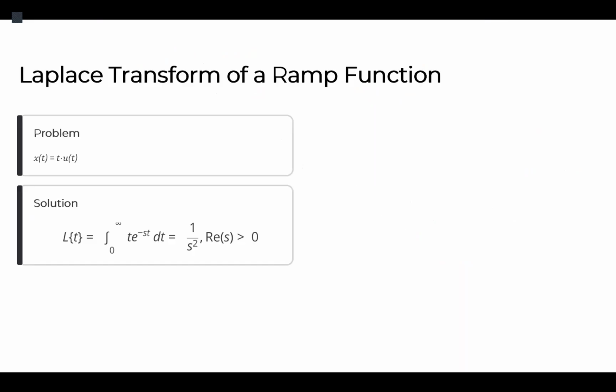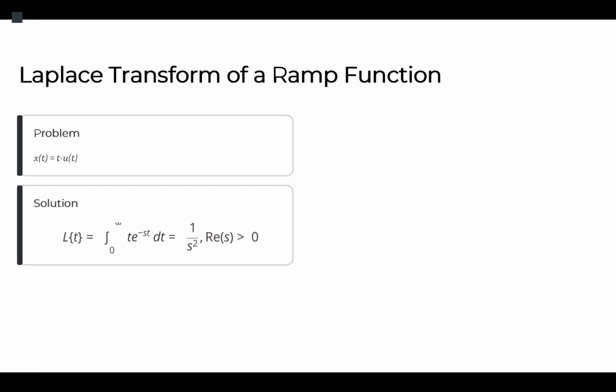What if our input is t u(t)? First of all, when we say t u(t), another name for this function is ramp, because it increases linearly as time goes by. Are we good?